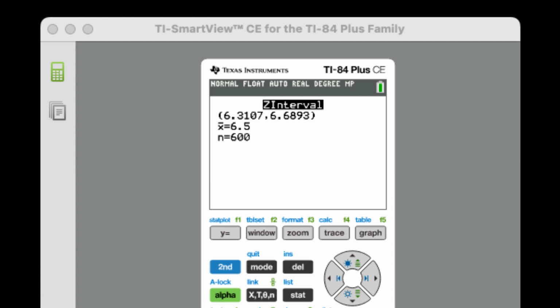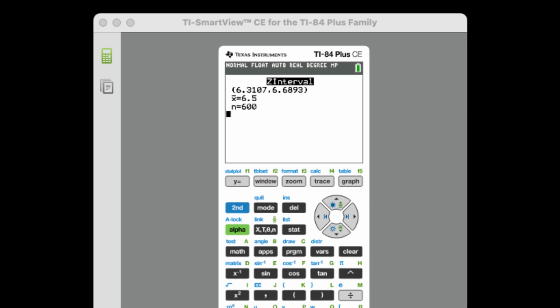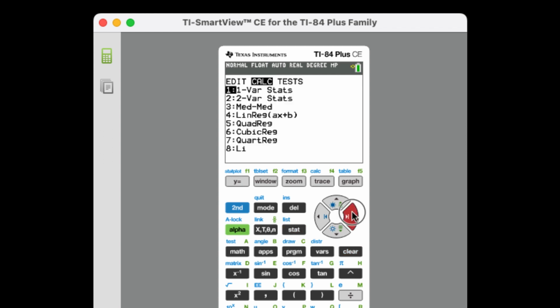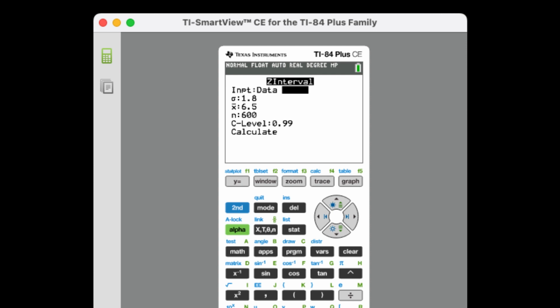All right. Okay, here we go, ladies and gentlemen. Let's go clear this out. Stat. Scroll to the right to test. And then number 7 is what? The Z interval. Good. And yes, keep it on stats.